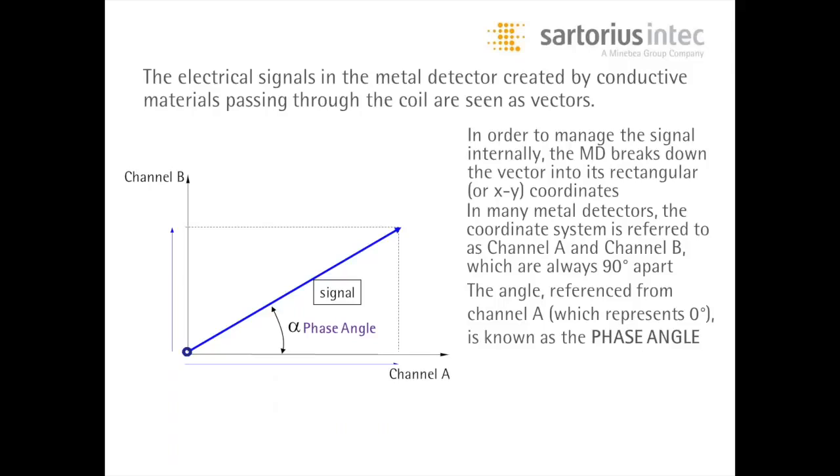So these so far are the top 2 points of this webinar: phase angle and product effect. So we learned what product effect is. It's anything, or a product, that can affect the electromagnetic field, much like non-ferrous metals do. And phase angle is a way that we can look at what that signal looks like inside the metal detector.